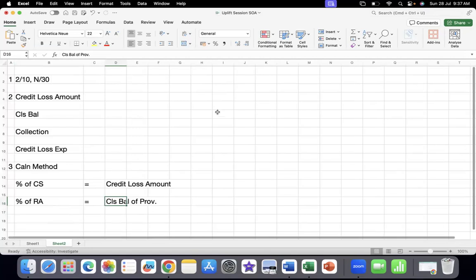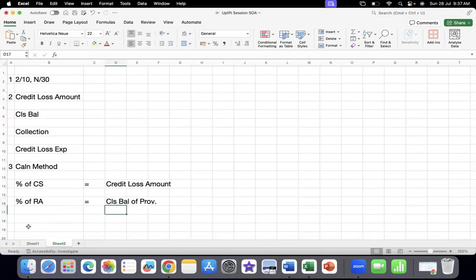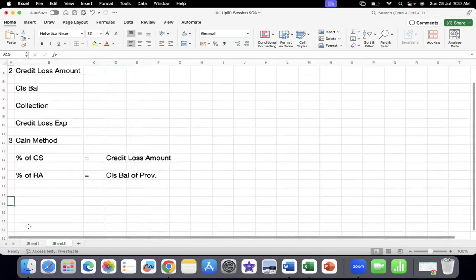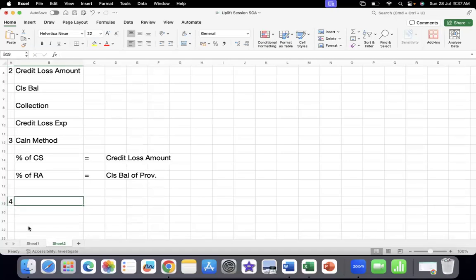So let's take a quick example wherein we can understand how this technique works, or how this fits things in place. Let's assume that the opening balance of my provision account is, say, $5,000.